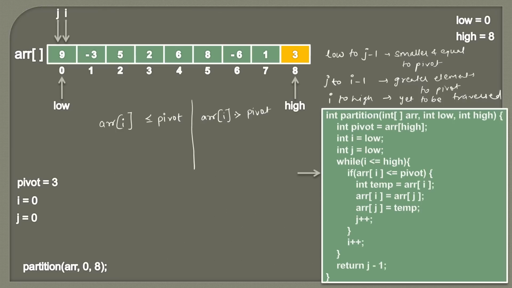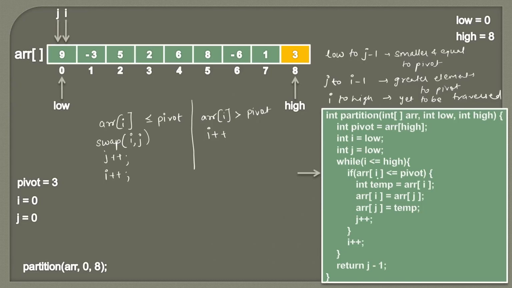So when array of i is greater than the pivot, we simply move i by one step, and if array of i is less than the pivot, we perform a swap between i and j, and then we move j and i simultaneously.